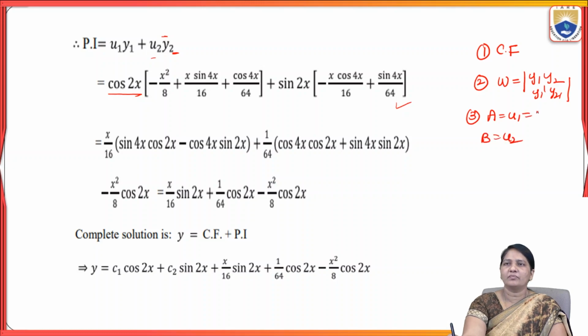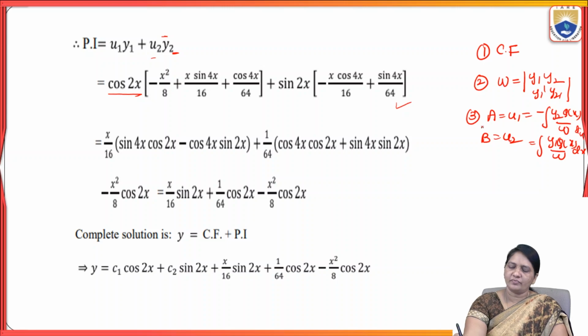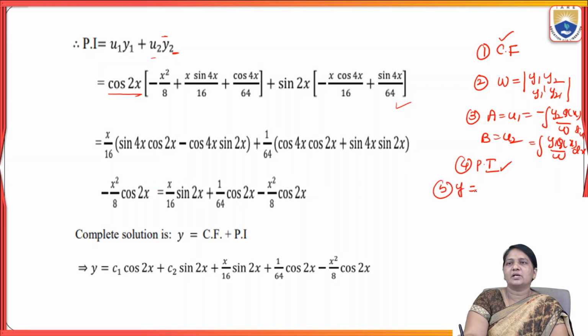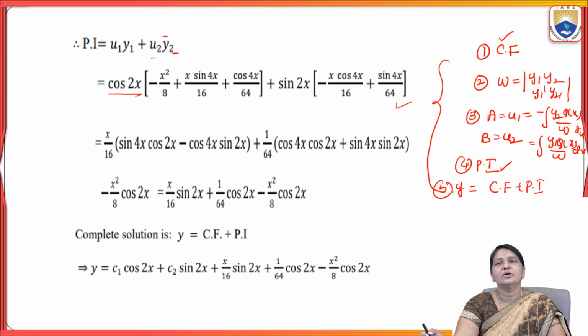Here we have the formula: minus integral y2 into q of x by w dx, and integral y1 into q of x by w dx. After calculating a and b values, finally you can write the particular integral. The complementary function was calculated in the first step, the particular integral in the fourth step. So finally in the fifth step, what is the complete solution? That is CF plus PI. So this is the procedure, these are the steps we follow in the method of variation of parameters.